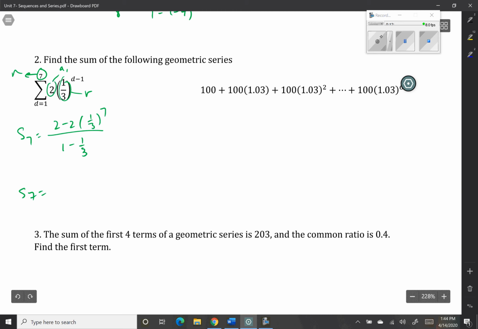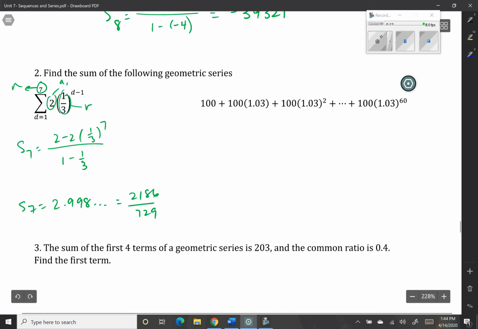Type it in, see what we get. And we get 2.998 something, and it even changes to a nice fraction for us. And we have our sum.